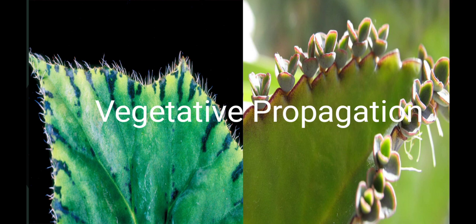Buds arise from these notches. These buds are called epiphyllous buds. When the buds drop from the leaf and are placed in the soil, they develop into new plants with roots and small leaves. The vegetative propagation in Begonia is also in a similar way.